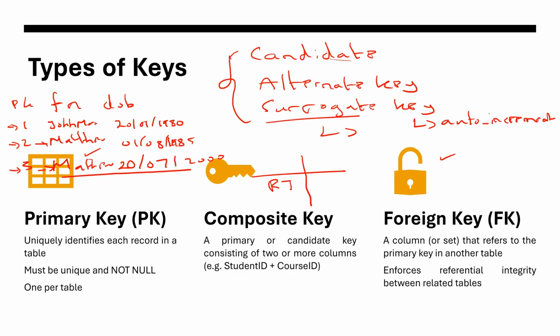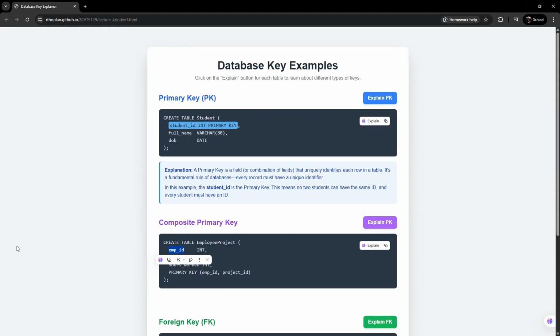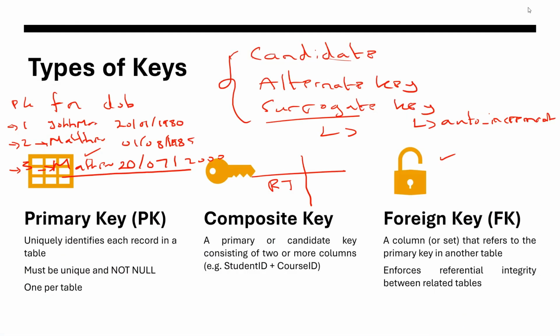Maybe I won't use names; I will use an employee ID and a project ID. Let's suppose here you have employee IDs 1, 2, 3.